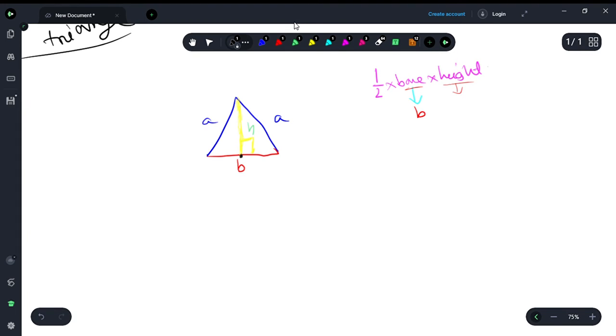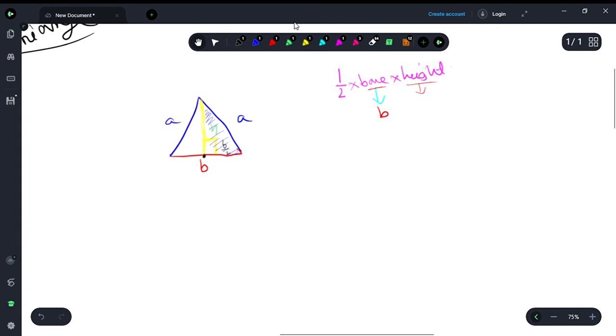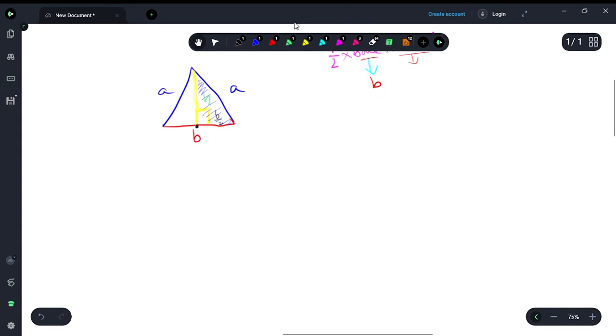So what will this be? This part will be B divided by 2. Now if we apply Pythagoras here, we will find H eventually.